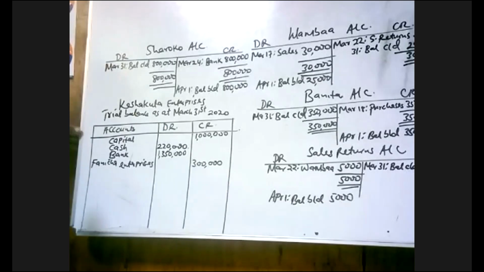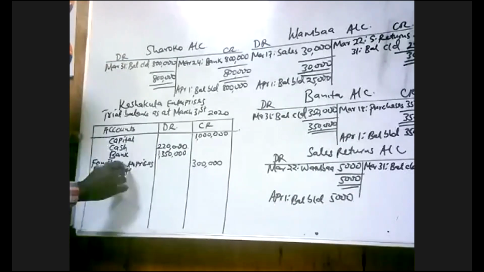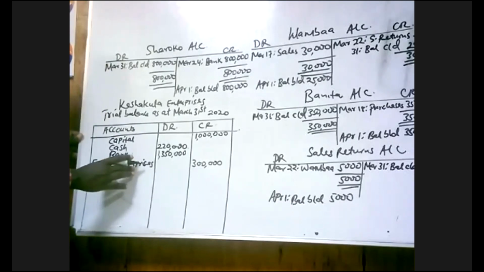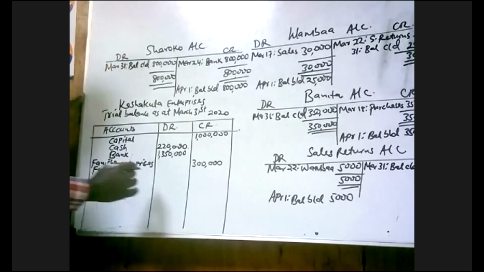Then we had another account by the name furniture. Furniture account, the balance brought down, 300,000 debit.